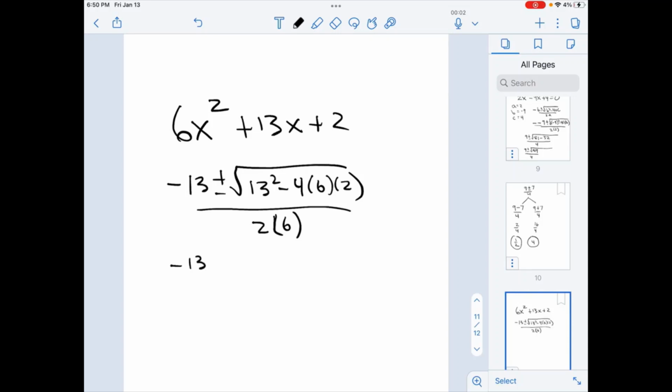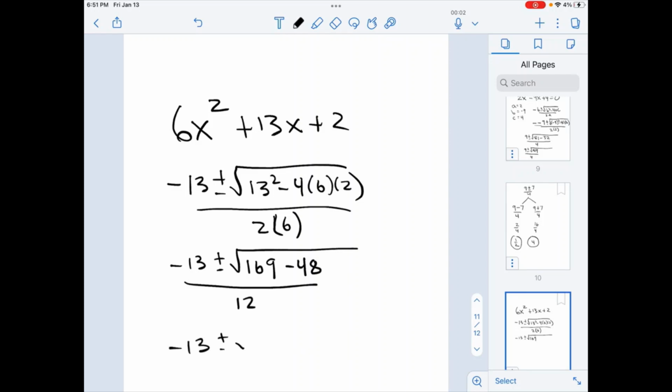So negative b, 13 squared is 169, 4 times 6 is 24, 24 times 2 is 48, all over 12. Negative 13 plus or minus, that's going to be 121, all over 12.